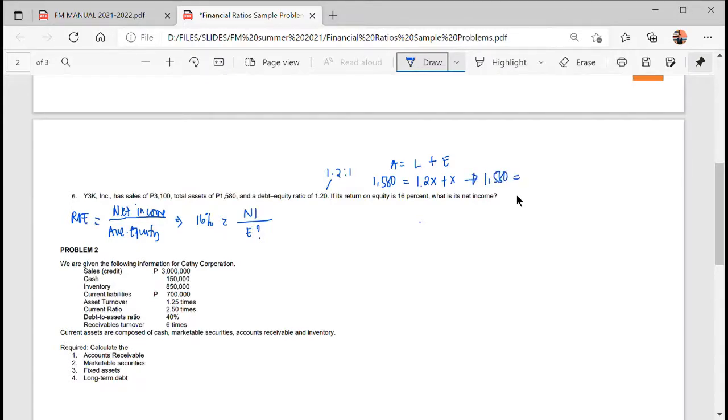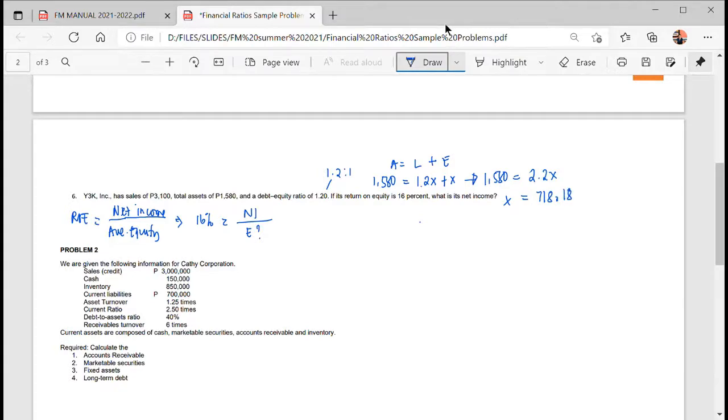Apply your knowledge in algebra. 1.2x plus x is 2.2x, wherein x is your equity. So x would be 1,580 divided by 2.2. So that would be how much? 718.18.